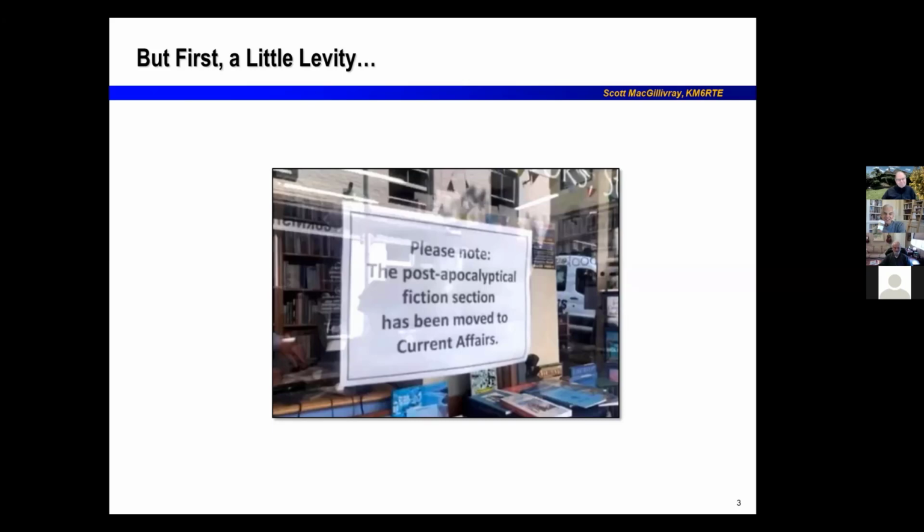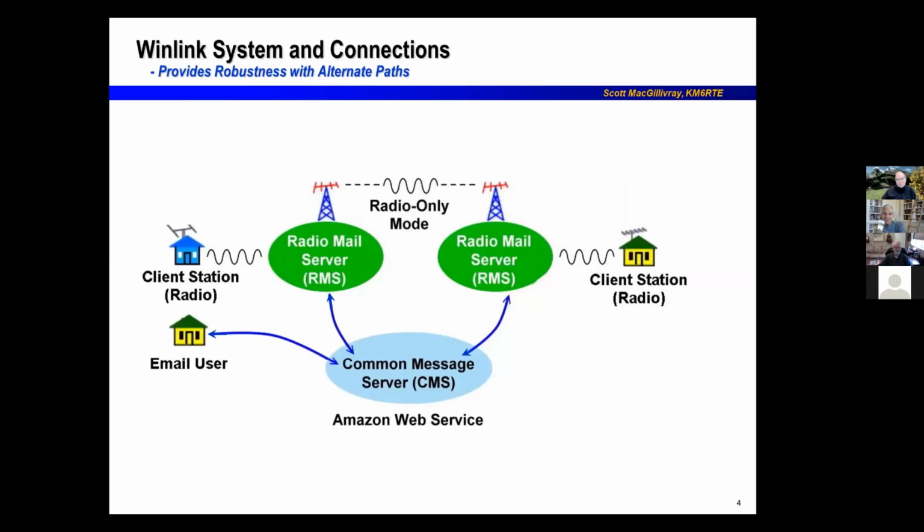So, I grabbed this figure out of another briefing, and it provides an overview of the larger Winlink system altogether. So far, we've focused mostly on what's down here with the direct user.